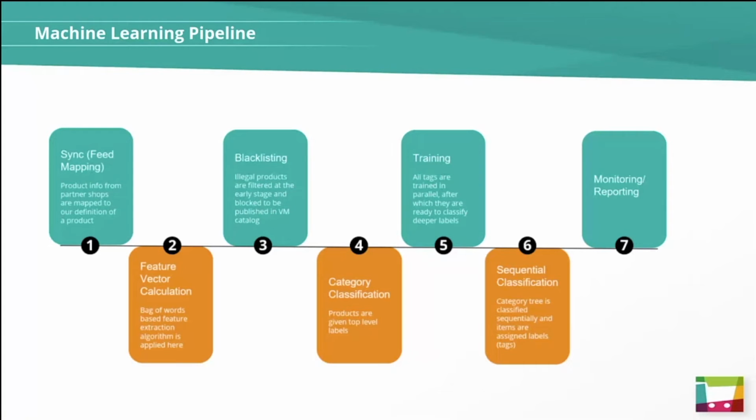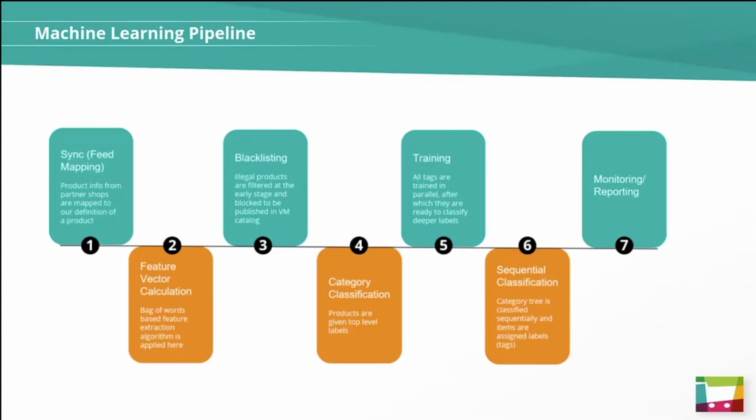The other steps I'm not going to talk much about, but they are also equally important. For example, the sync, which is the first step, is where we get items from our partner shops into our data stores. Blacklisting is a way of filtering items we don't want to show on our platform, for example, for legal reasons. And the monitoring and reporting is self-explanatory.